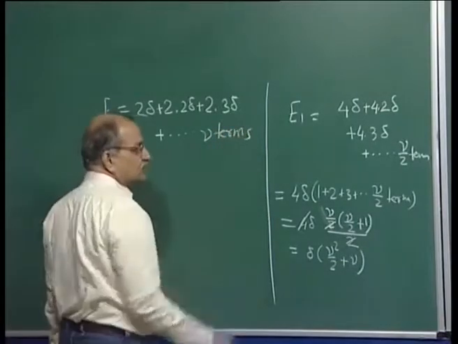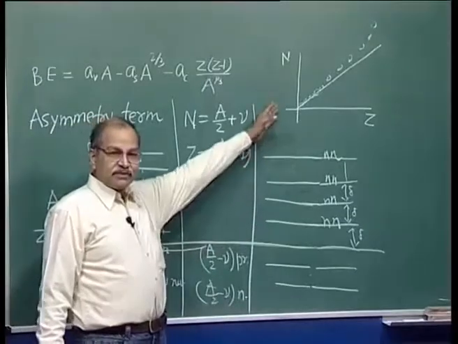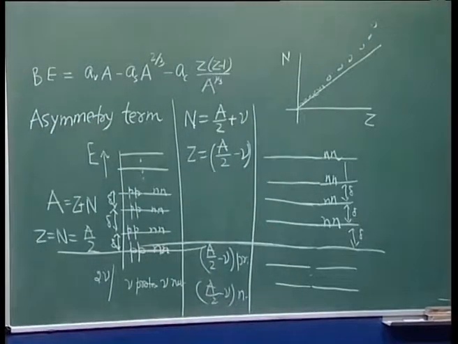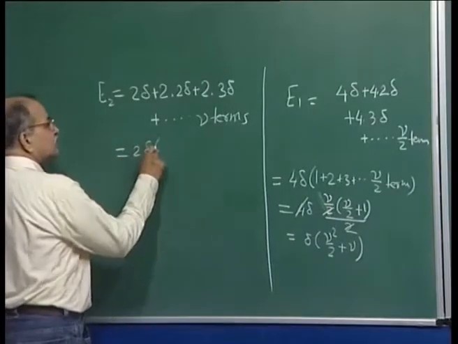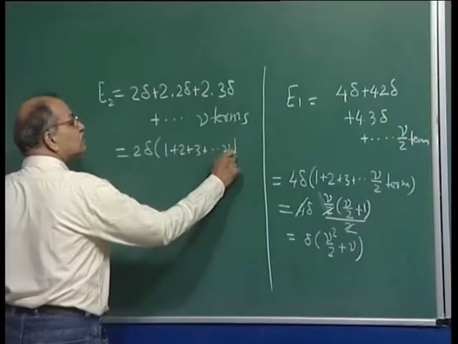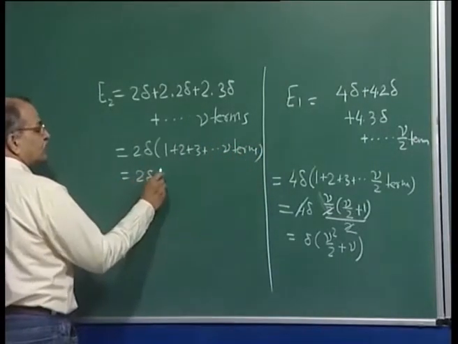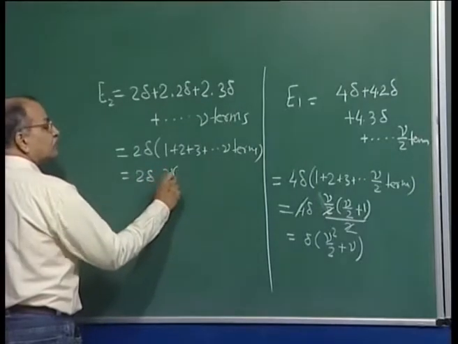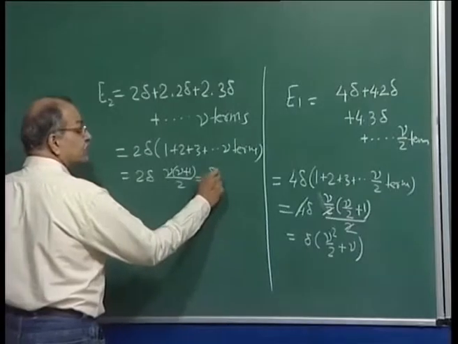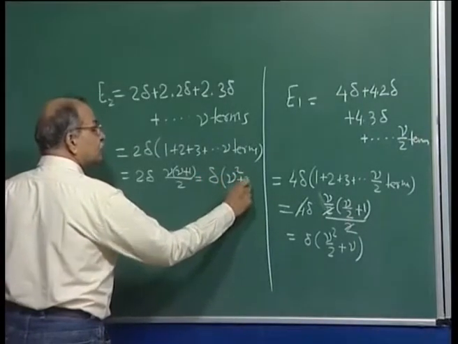Nu terms, right. You have nu new particles to be distributed. So, nu such terms will be there. So, 2 delta taken common, 1 plus 2 plus 3 up to nu terms, and that is 2 delta times nu into nu plus 1 by 2, which is delta times nu square plus nu.